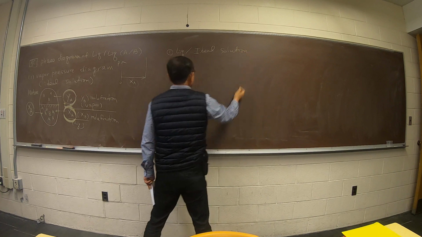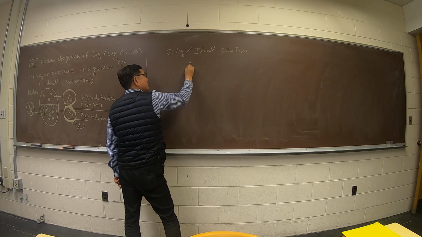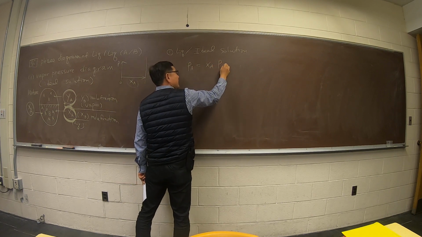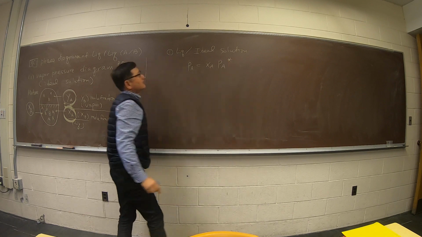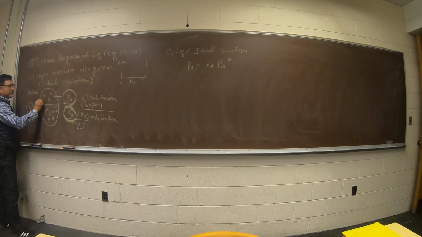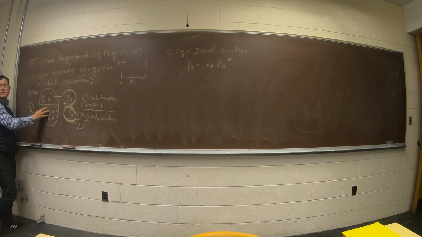Okay, so for the liquid, I just told you it's an ideal solution. Let's just concentrate on A. The partial pressure of A is XA PA star. That's Raoult's law. It allows me to predict the partial pressure of A from the pure vapor pressure PA star and the liquid property.